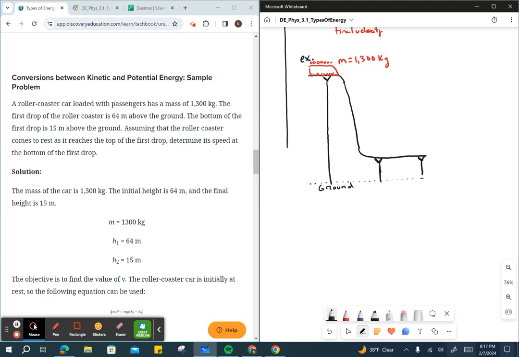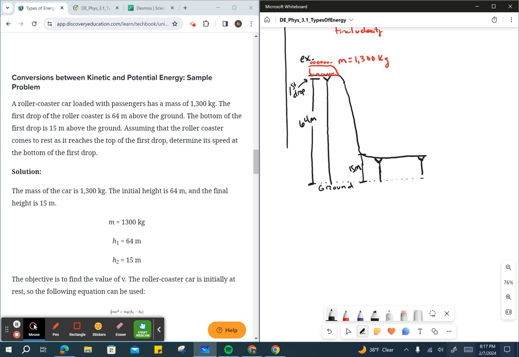The height of the first drop is 64 meters. That's how high it is from the top to the ground. At the bottom of the first drop, we have a height of 15 meters.